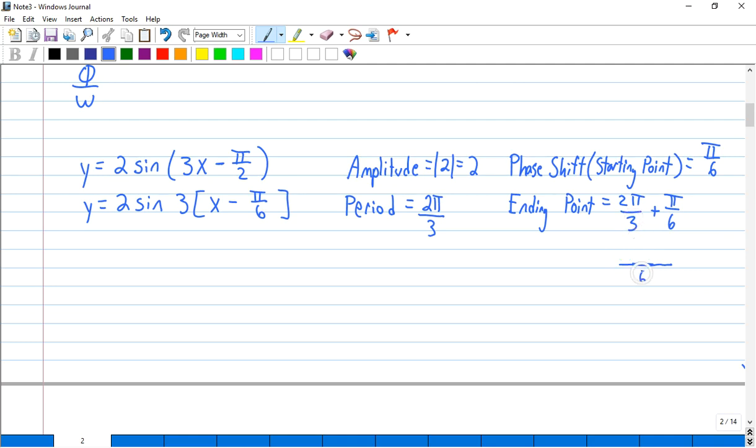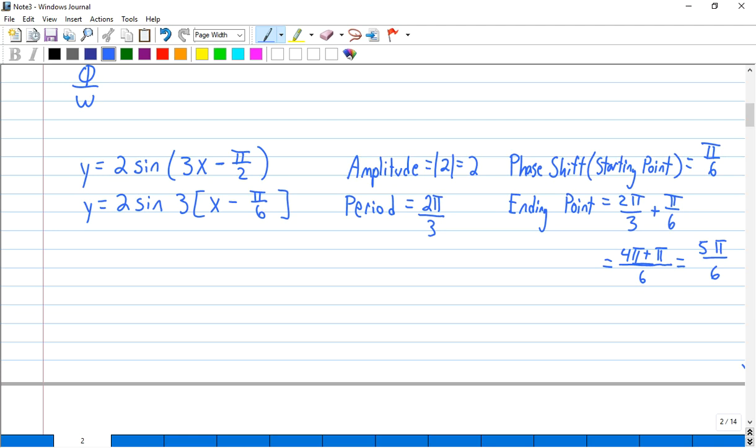So I have to say 6 divided by 3 is 2. 2 times 2 pi is 4 pi. Plus, now what do I do for this term? Yeah, just bring the pi down. So what's the ending point going to be? 5 pi over 6.